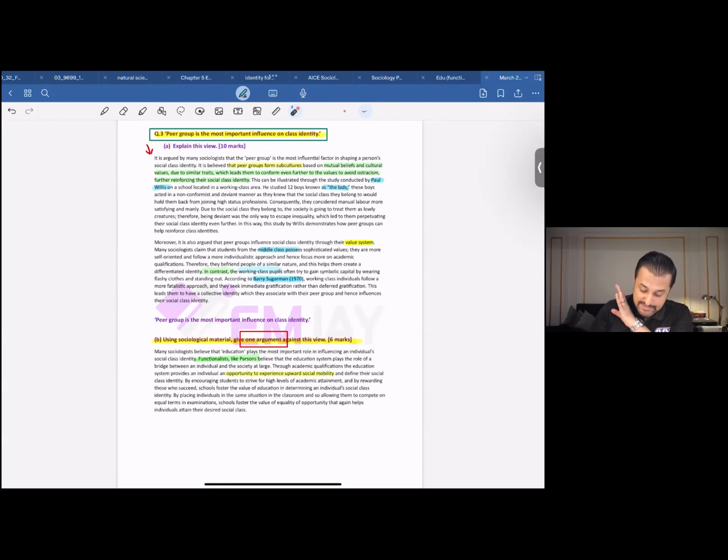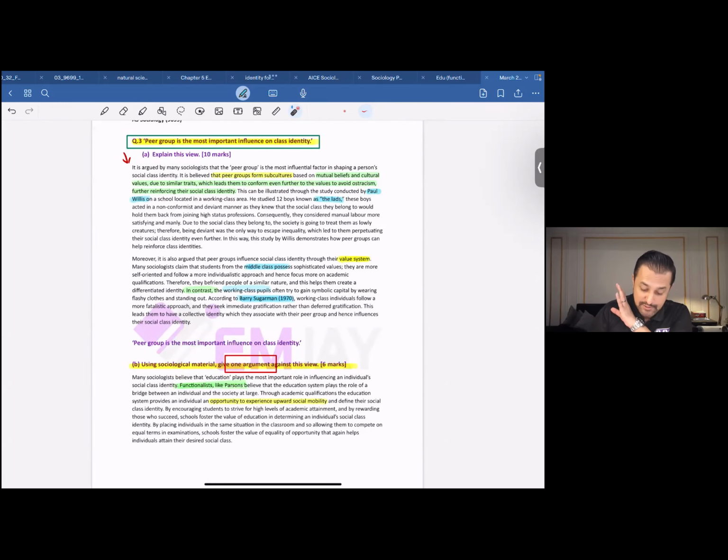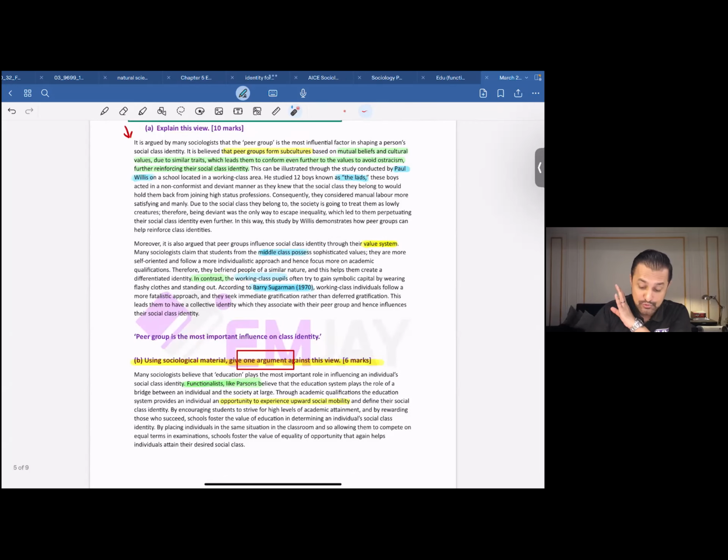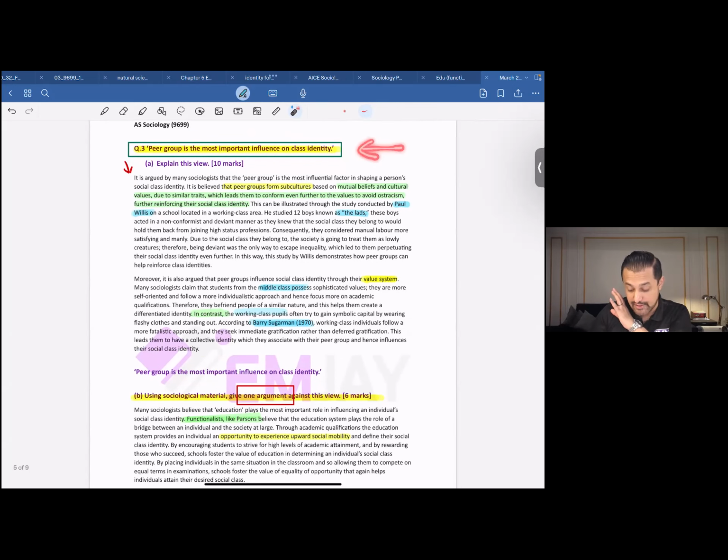Question number 3, like I said earlier, you get a statement. Right after the statement, you get a 10-mark question where you are expected to explain the view. And then after that, you get a 6-mark question where you are expected to give one argument against. So the statement again read: peer group is the most important influence on class identity. We used 2 paragraphs to explain this.